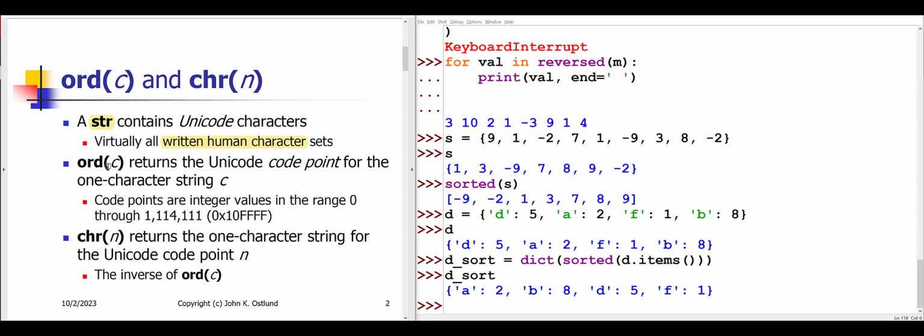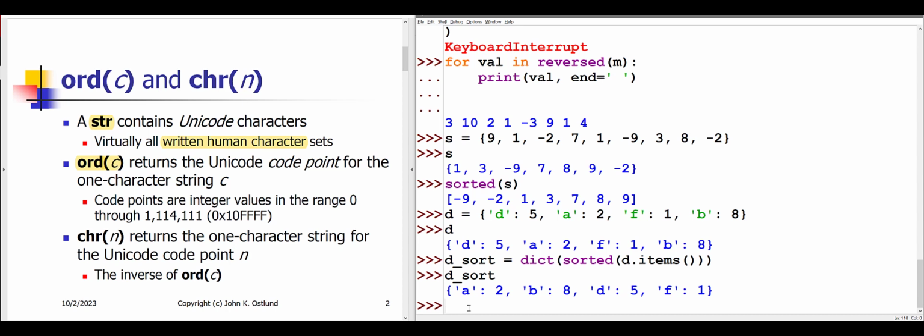But given some character as an argument, the ord standard function returns the ordinal or numeric value in the Unicode character set for the character.